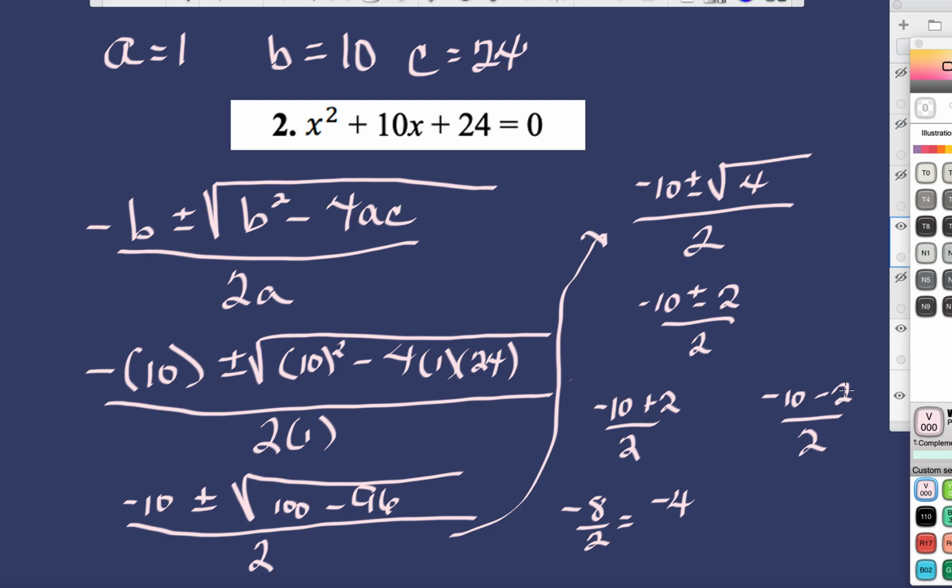And then negative 10 minus 2 is negative 12 divided by 2, which is negative 6. So we have 2 real roots of negative 6 and negative 4.